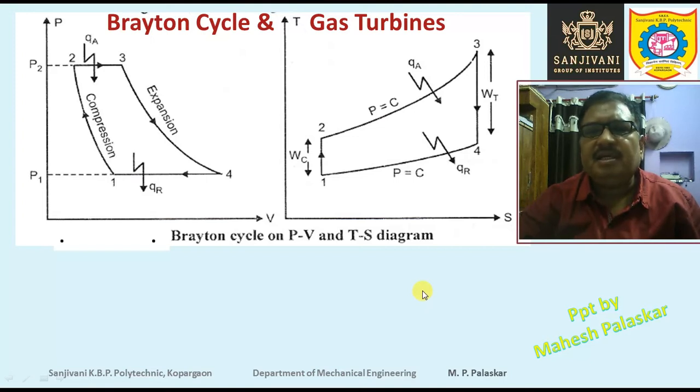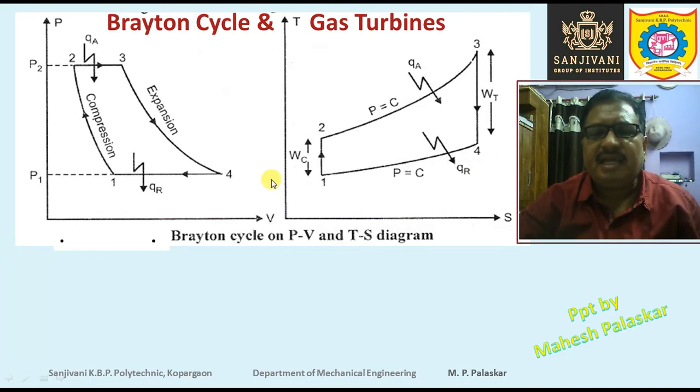Now we are studying the gas turbines. Right now, let us study the Brayton cycle and the application of the Brayton cycle for the gas turbine, that is the constant pressure gas turbine.